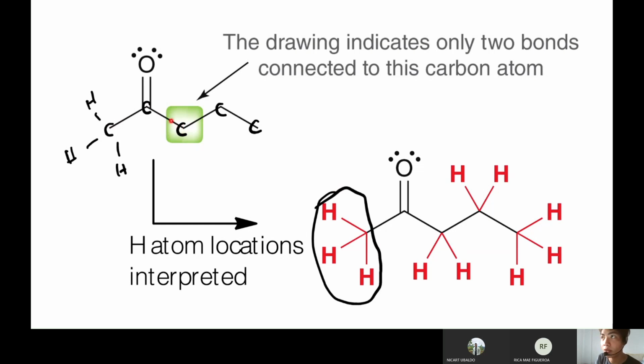Ilang bonds meron dito? 1, 2. Okay, so, may 2 bonds dyan. So, tingin tayo dito. No? So, since may 2 bonds na, kailangan pa ng 2 pa, additional 2 for the hydrogens. Hence this illustration here, no. Ganon din dito sa carbon na to, 4 yung kaya gawin, pero may 2 na.